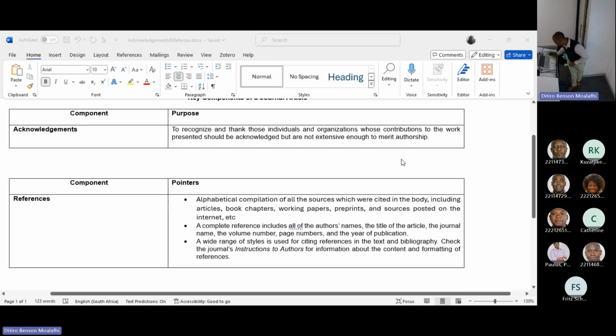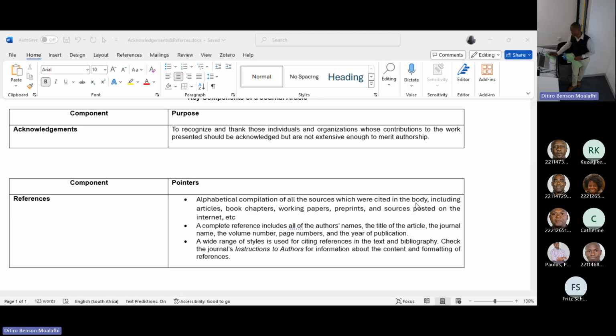And the references, an alphabetical compilation of the sources which were cited in the body, as indicated here, a comprehensive reference list. And we also have different citation styles, which are not necessarily what we are going to cover here.